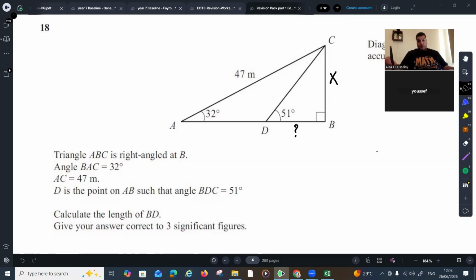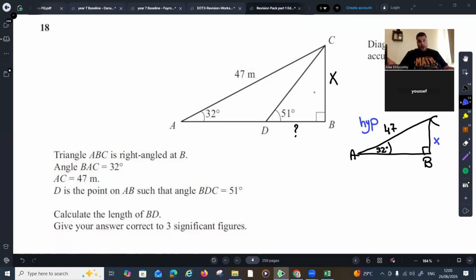And let's solve this triangle. If I'm gonna get confused, I'm gonna take the triangle outside. That's A, B, and C, which is right angle triangle at B. So that's 47, and the angle is 32 degrees. So now the 47 is my hypotenuse, and I want to get the BC.